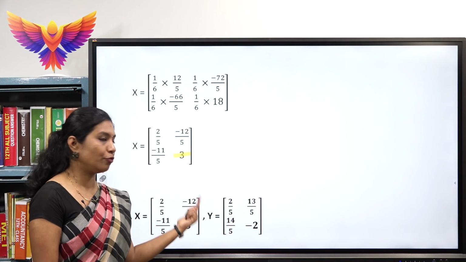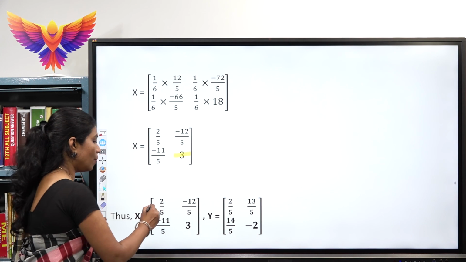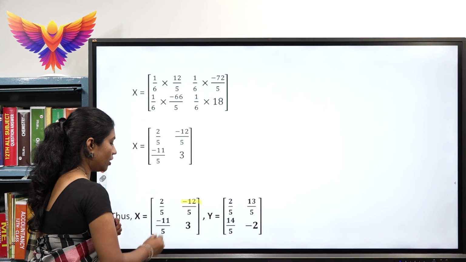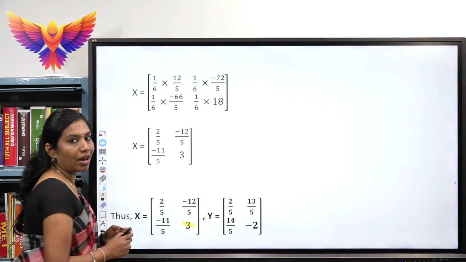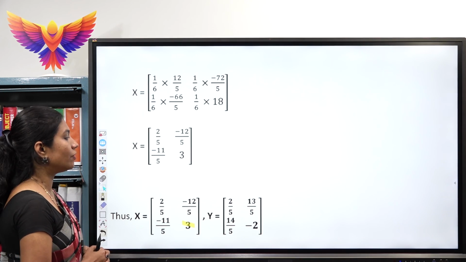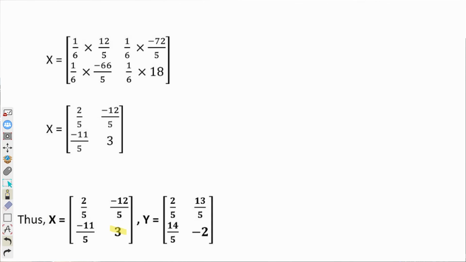Y we had got before itself, and we found out the x value which is 2 by 5, minus 12 by 5, minus 11 by 5 and 3. The same way we have the required matrix y which is 2 by 5, 13 by 5, 14 by 5 and minus 2. So, this is how we will find out the unknown values of a given matrix.